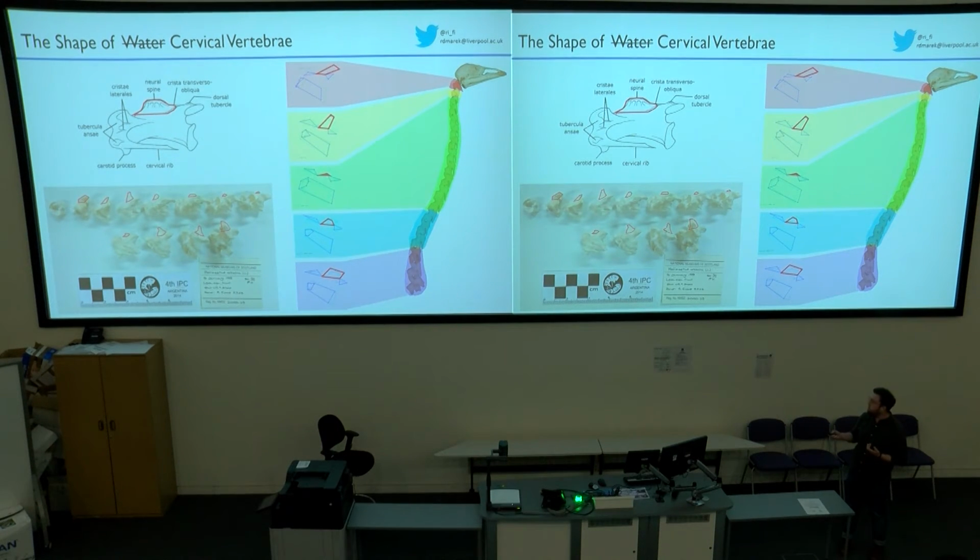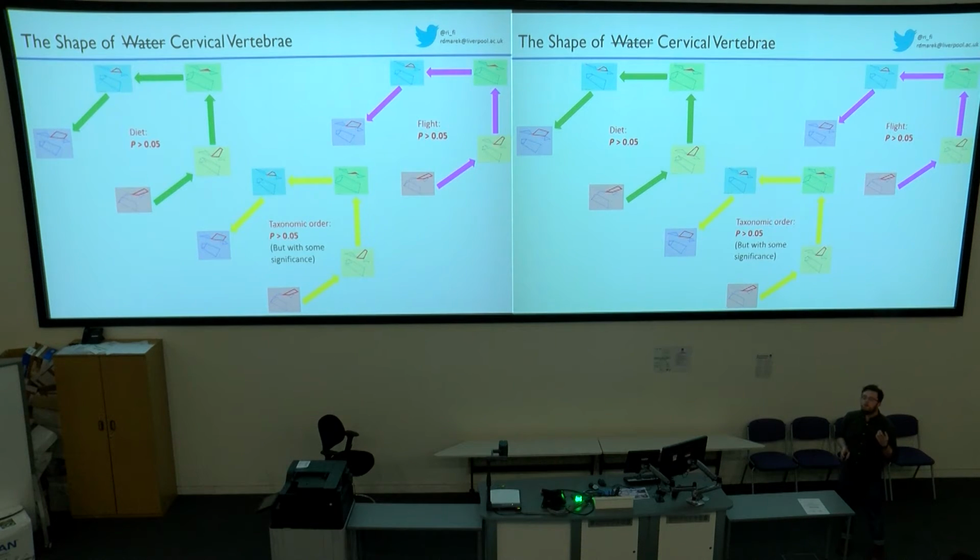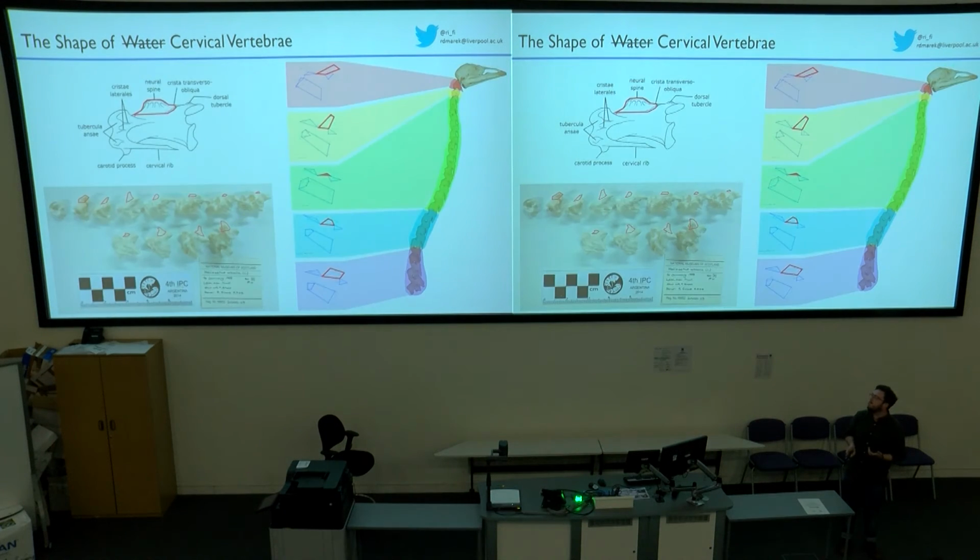As we saw previously, the avian neck shape change isn't significantly different amongst different groups. So if it's not statistically significantly different between these different groups of birds and between these different factors, then all birds seem to follow this general shape change pattern.